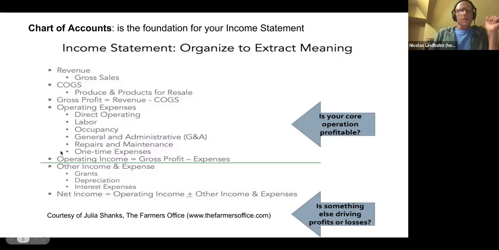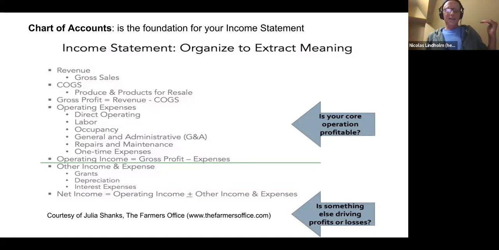That's a little aside. The thing that I really love and which I've become the champion of promoting is now you get down to here where you subtract your expenses from your gross profit, and this is where this whole idea of a green line originated, right from this slide.